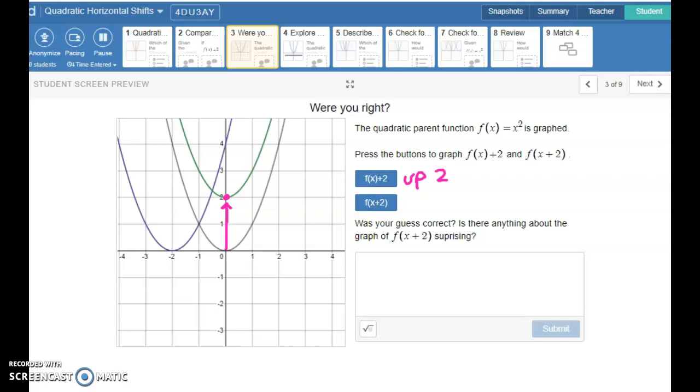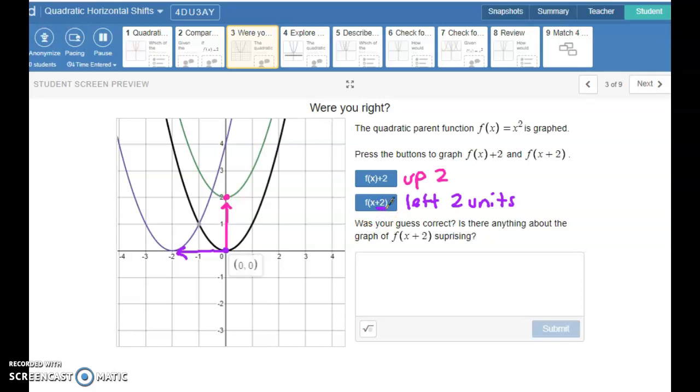Uh-oh, this one moved from here. Let me change the color. It moved this way. What is that called? It went to the left 2 units. A la izquierda, it went to the left. But wait a minute, that's a +2.